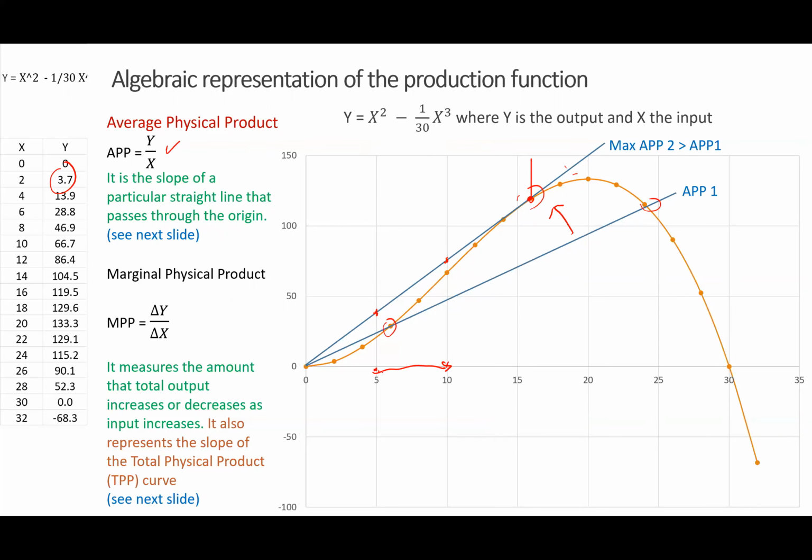And so anytime you add input and it gives you more output than before, then you want to continue adding input because you still have some additional return. At the end, the question will be, what are the costs of those additional returns? The price of the output and the price of the inputs. That's something else that we will be discussing later.